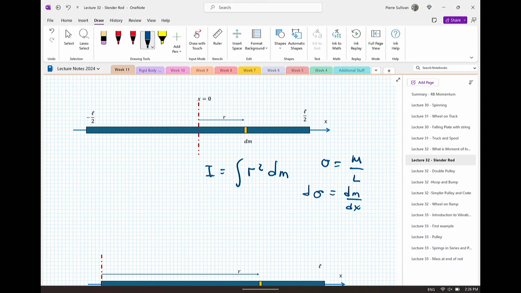So I can say, hey, it's m over L, but it's also dm dx because it's a uniform rod.